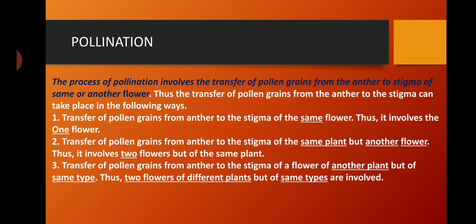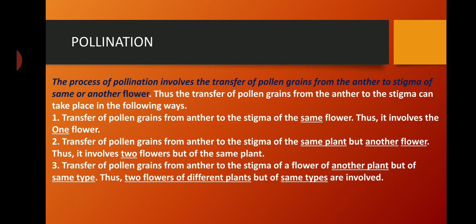From one flower, the pollen grain will transfer to the second flower, but both the flowers will be on the same plant. Over here, two flowers will be involved, but how many plants will be involved? One plant will be involved.